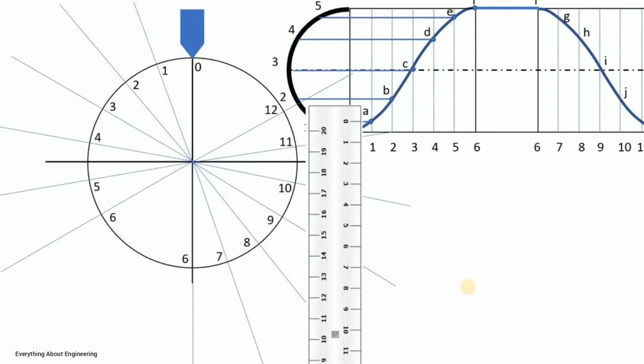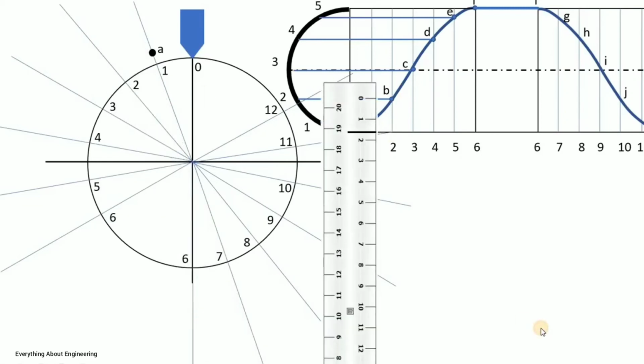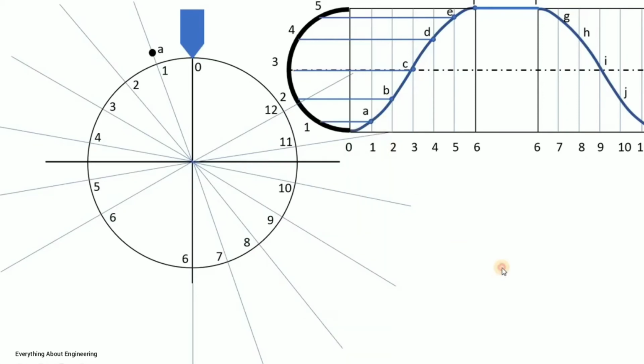First, we'll measure this particular distance. As you can see, we have measured this distance, so we have drawn this line over here. This distance we have to mark over here. We're marking that point. So the 1A distance is marked over here. Similarly, we'll mark the 2B distance over here, as indicated by this dark line and this 0 that we are marking.